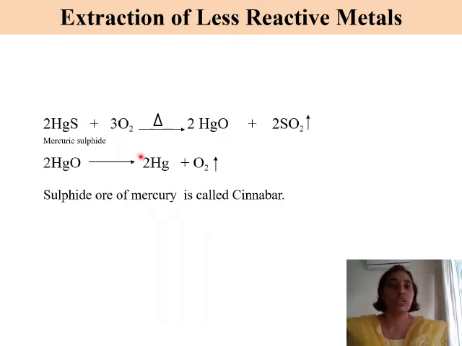We will not study it in detail because it's not a part of our syllabus, but electrolysis is the process through which we can obtain the metals in their purest form. So let's move on to the methods of preventing corrosion, rusting of various metals.